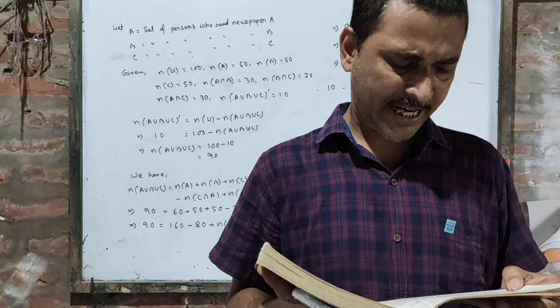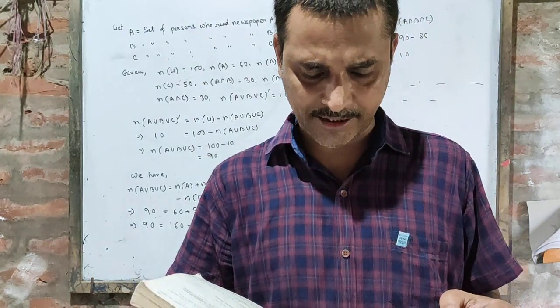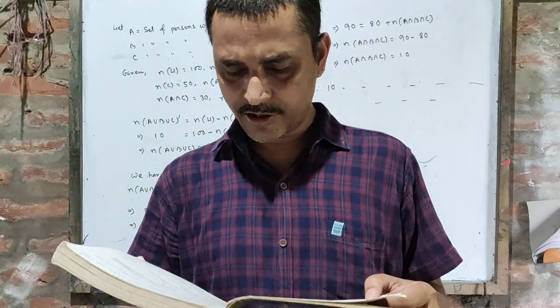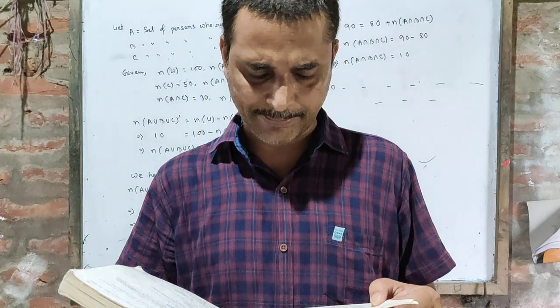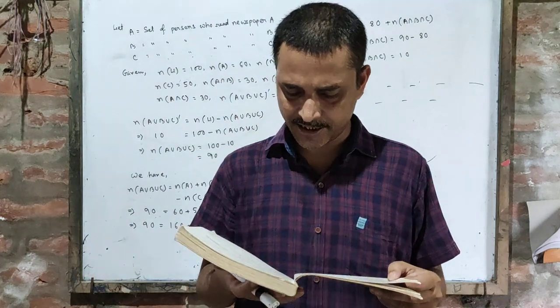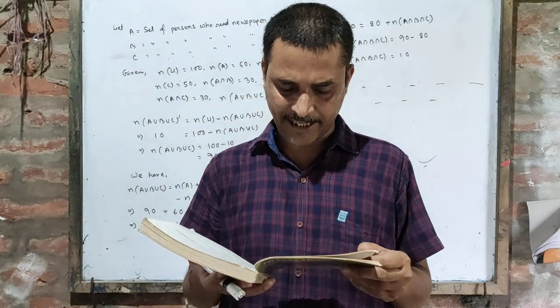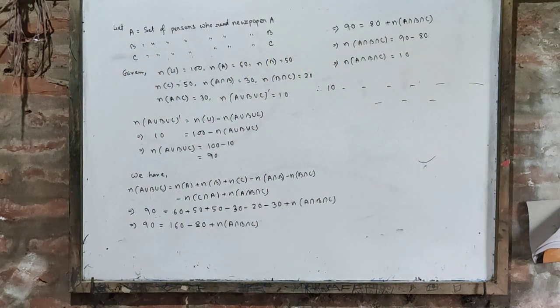If 10% passed in all subjects, 20% in chemistry and mathematics, 30% in chemistry and physics, 25% in physics and mathematics, 12% in mathematics only, 5% in chemistry only, 8% in physics only, find the percentage of students failed in all the 3 subjects. So this is the question here.